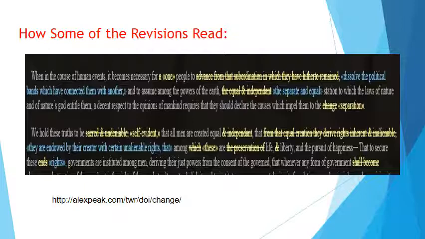That got changed to, when in the course of human events, it becomes necessary for a people to dissolve the political bands which have connected them with another, in other words, to dissolve their political government connections, and to assume among the powers of the earth, notice this one, the equal and independent station. That gets changed to the separate and equal.